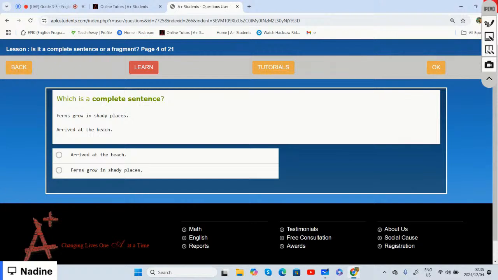So option one or option two, we need to select a completed sentence that has both a subject and a verb.